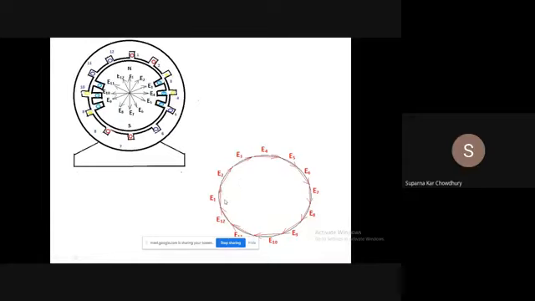Because you know from vector addition that if we draw E1, then E2, then from here to here will be the resultant. So if we draw from the tip of E2, E3 and go on up to E12, the summation is 0. So it will make a closed polygon, and as the values are equal, it will lie on a circle.